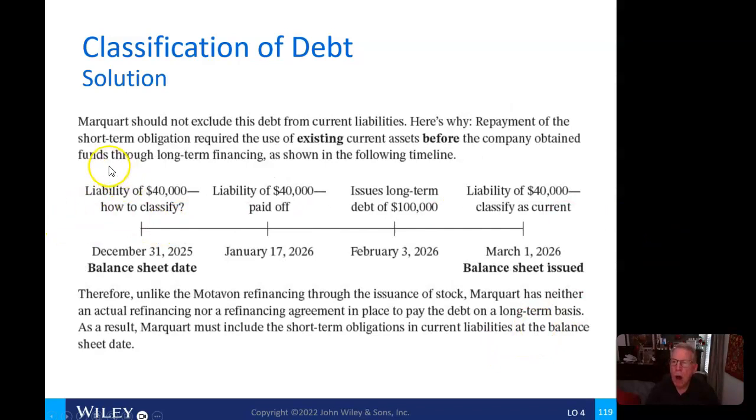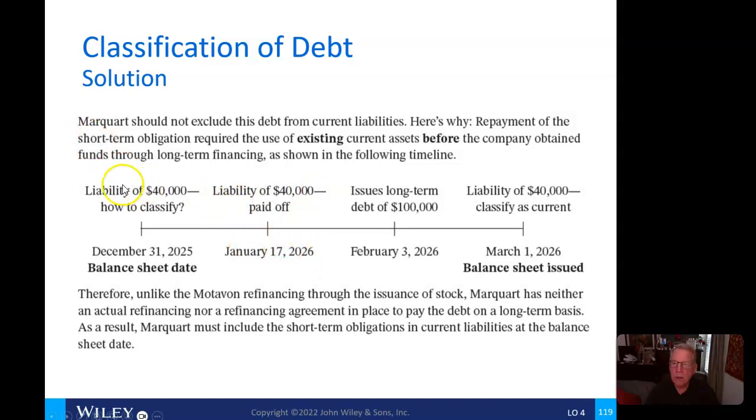Marquardt should not exclude this debt from current liabilities, and here's why. Repayment of short-term obligation required the use of existing current assets before the company obtained funds through long-term financing.